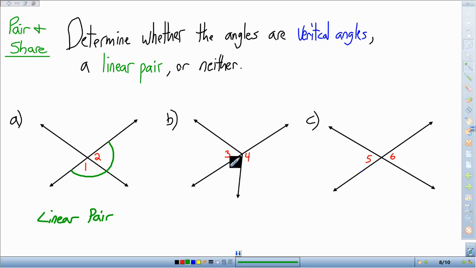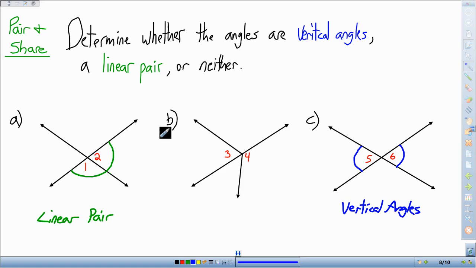So my first question to you is, are these considered a vertical pair? Okay, because they kind of mirror one another, they're across from one another. Okay, but if you guys take a look over at letter C, that's a little bit more obvious. This is a vertical pair. All right, so I know on letter C, those are a vertical pair. I'm skipping over to letter C to make a point on letter B, but let's go ahead and get it. So yeah, these are vertical angles, excuse me.